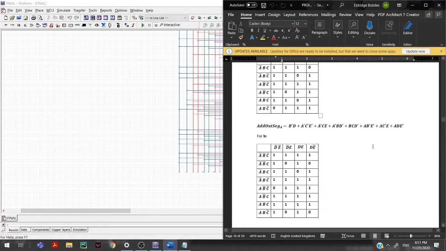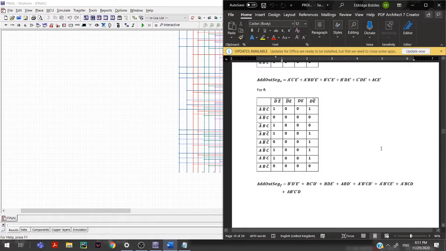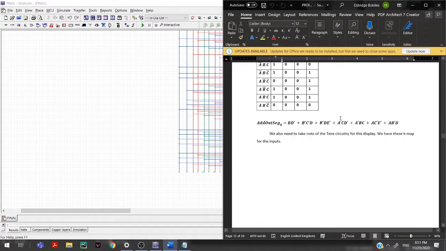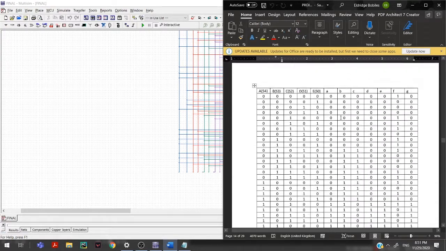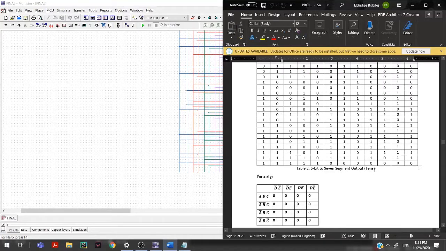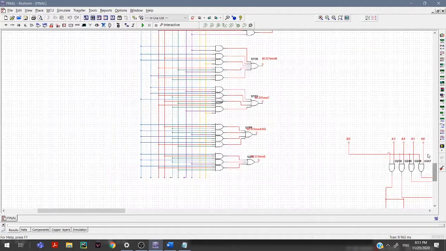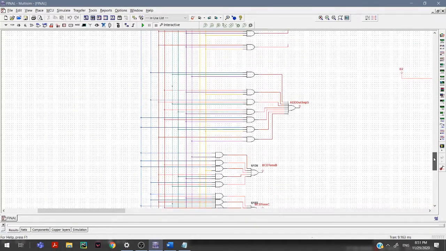All of the expressions are in the written report. If you want to see the different expressions, you can find them there. I have also created a truth table for the tens digit from the 5-bit input. Again, these were then connected to our display.